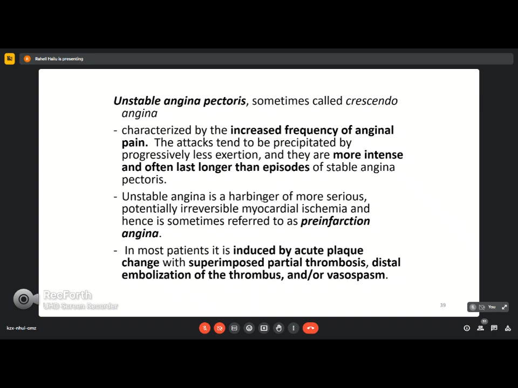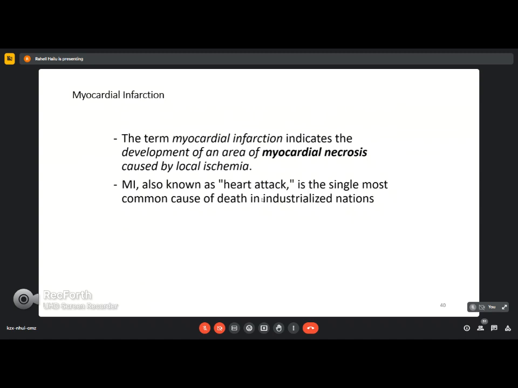It doesn't really respond to vasodilators, and it's more intense and often lasts longer than the episodes of the two variants of the stable angina we have seen before. So in most patients, it's induced by acute plaque change, superimposed thrombosis, embolization, or even the presence of a vasospasm because of the release of those chemicals.